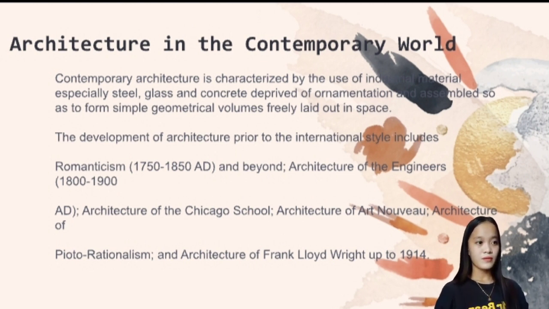The development of architecture prior to the International style includes Romanticism, 1750 to 1850 and beyond, architecture of engineers, architecture of the Chicago School, architecture of Art Nouveau, architecture of rationalism, and architecture of Frank Lloyd Wright up to 1914.